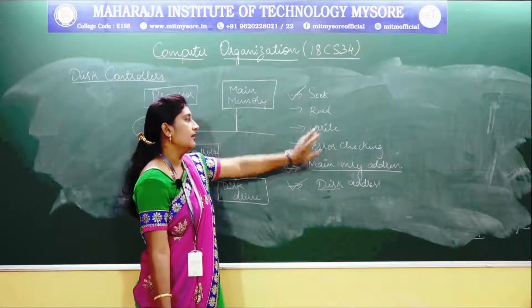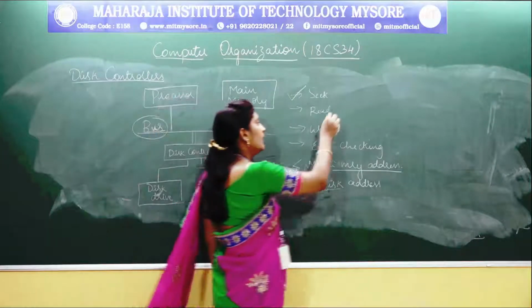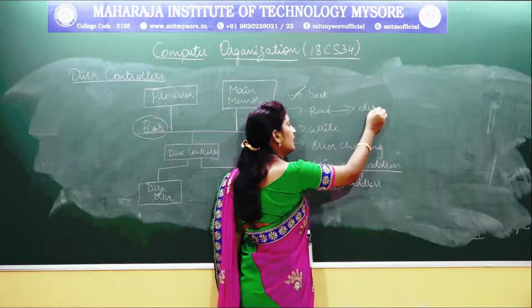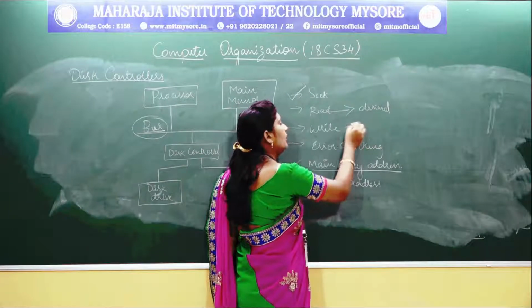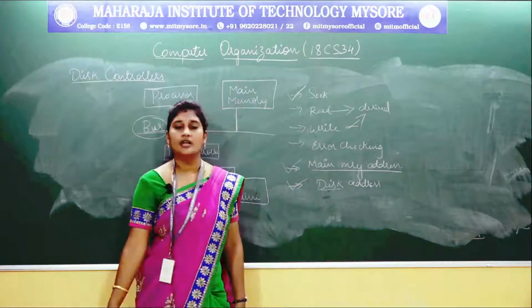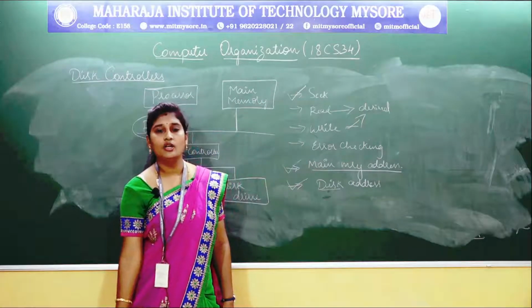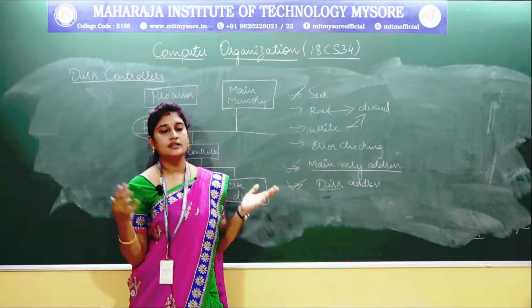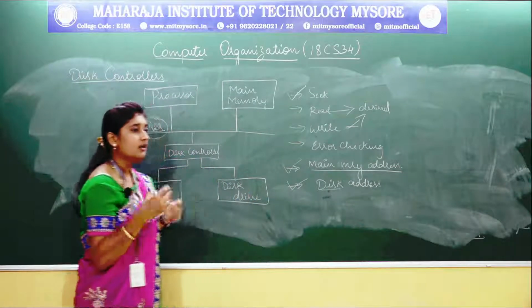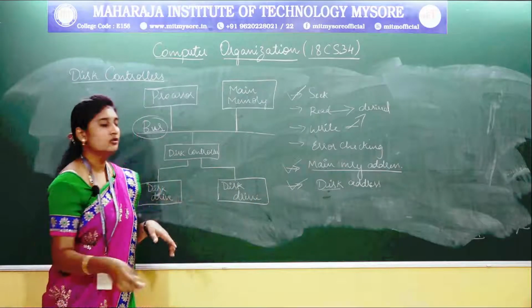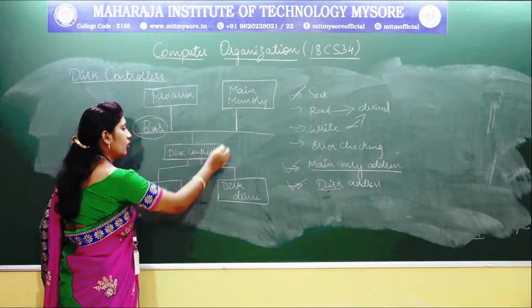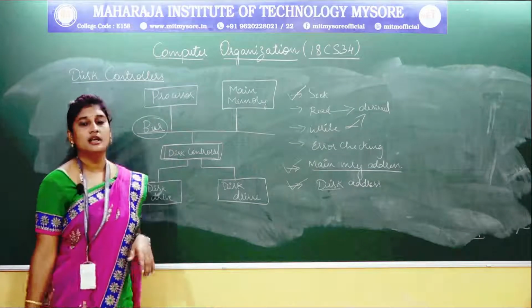Next, read and write operation is nothing but reading the data from your desired memory location or writing the data to that particular desired memory location. All these operations are controlled by a control circuitry called your disk controller.